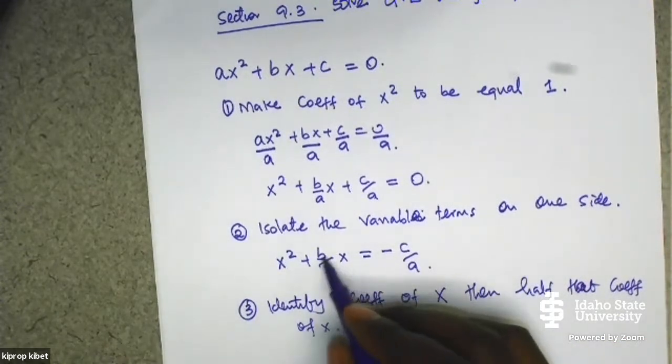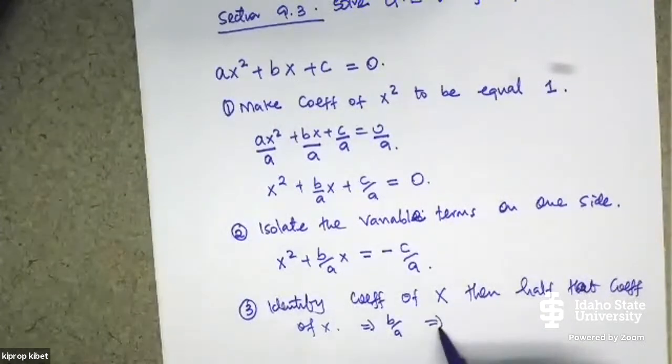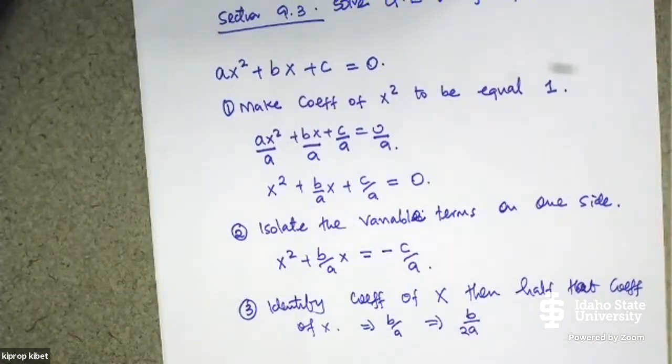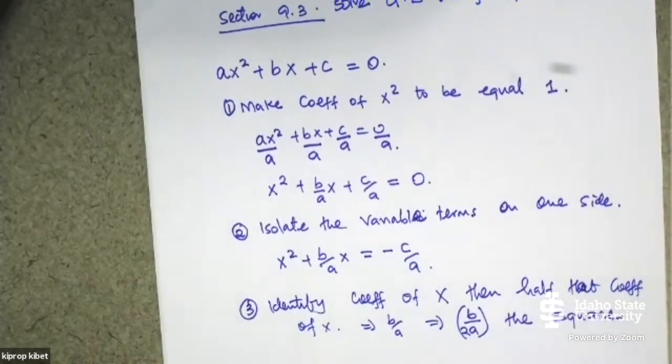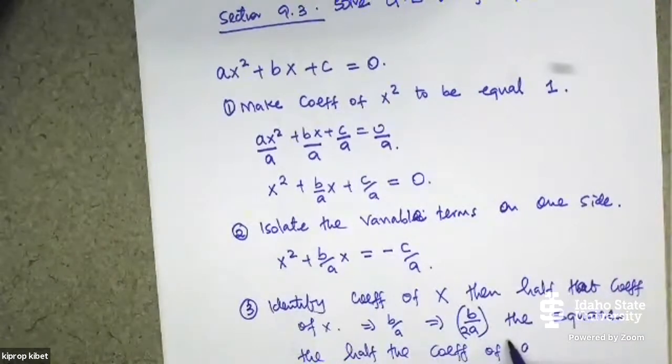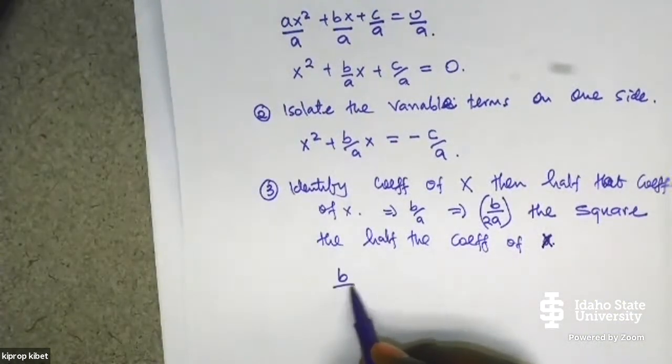In this case, our coefficient of x is b over a. Then half of this coefficient will be b over 2a. And then we square it. So it will now be b over 2a, all squared.